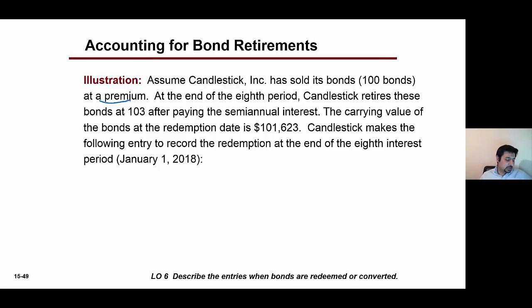In this case, they have been paid before the bonds were retired at 103. The carrying value of the bonds at the redemption date is 101,623. Candlestick makes the following entry to record the redemption at the end of the 8th interest period. Remember, we don't include interest because it has been paid already.